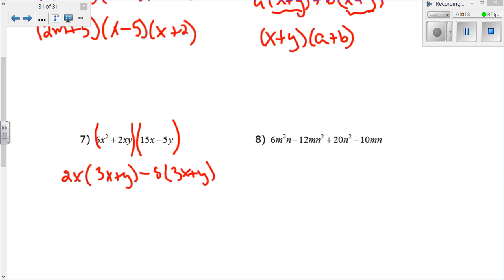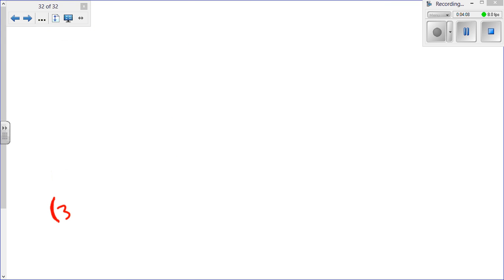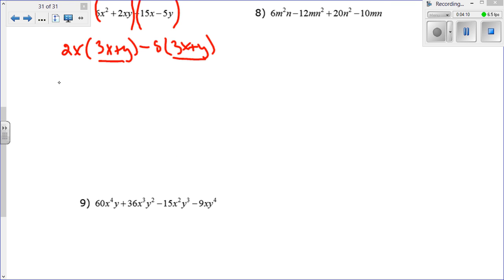When I divide by a negative, that changes the negative to a positive. My goal is always to get my parentheses to match, and they do. They're both 3x plus y. And I'm left with 2x minus 5.